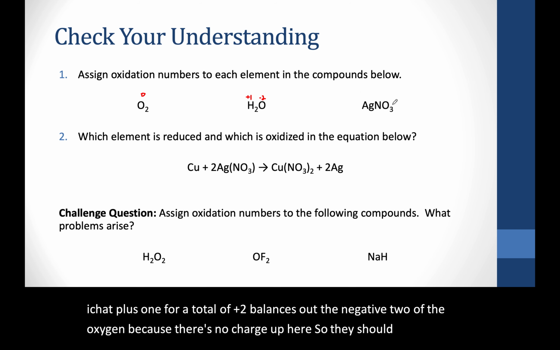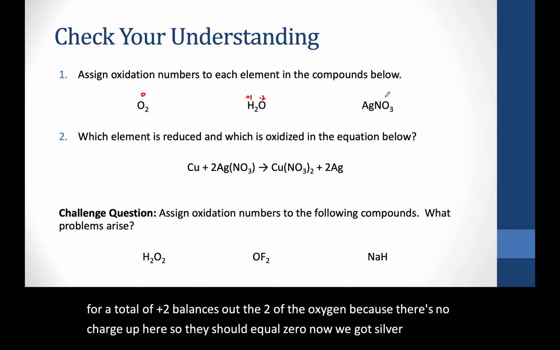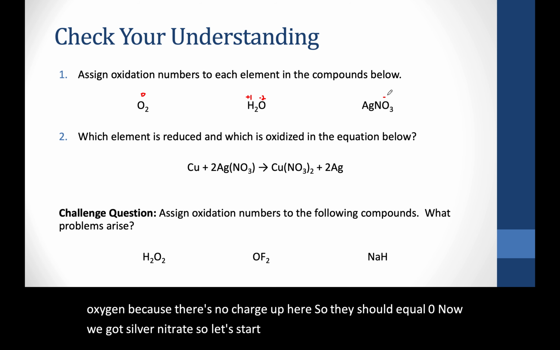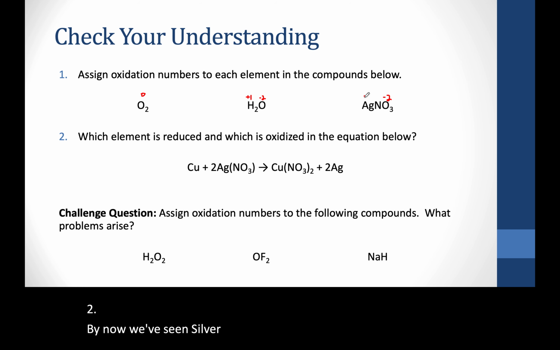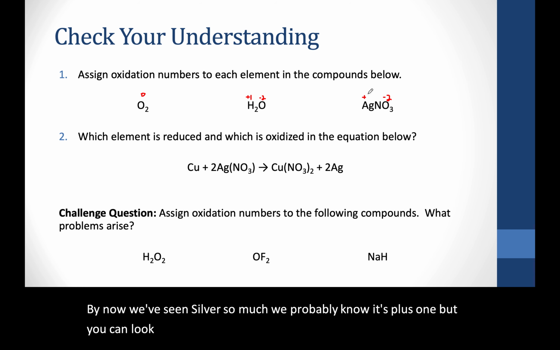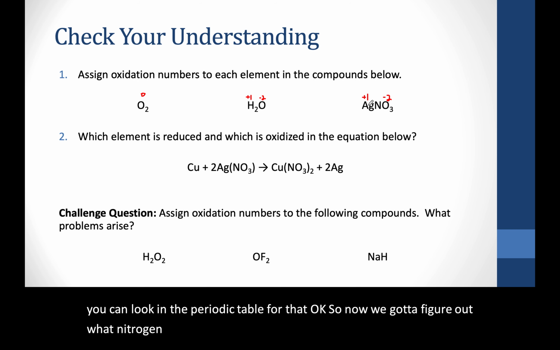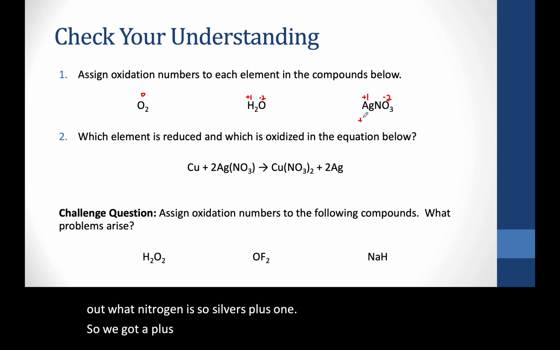Now we got silver nitrate. So let's start with oxygen. We know that's -2. By now we've seen silver so much, we probably know it's +1, but you can look in the periodic table for that. So now we got to figure out what nitrogen is. So if silver's +1, we got a +1, and then we got nitrogen, and then we have 3 times negative.